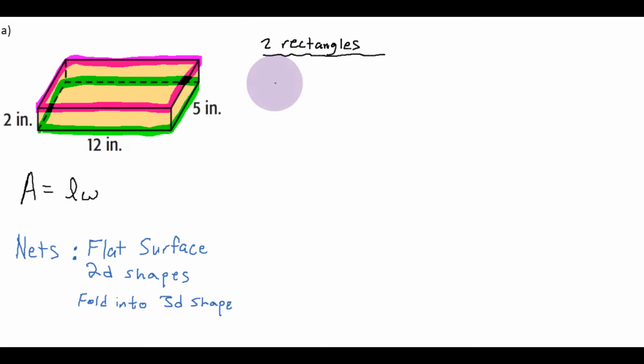So two rectangles that are congruent, and I am going to go ahead and just draw those rectangles on my screen. From there, what I want to do is make a note of their dimensions. Well, I know it has a length of 12 inches and a width of 5 inches. So it is 12 and 5.